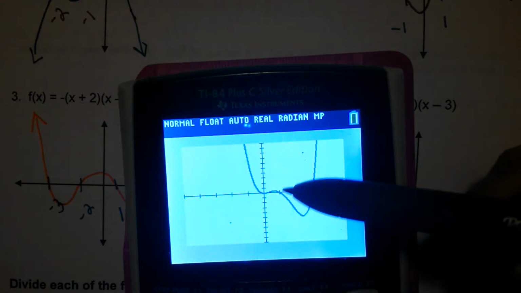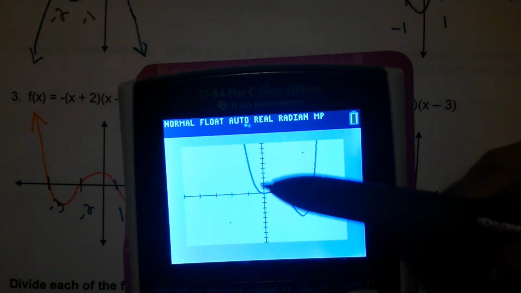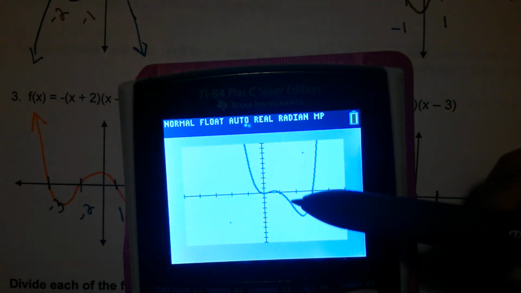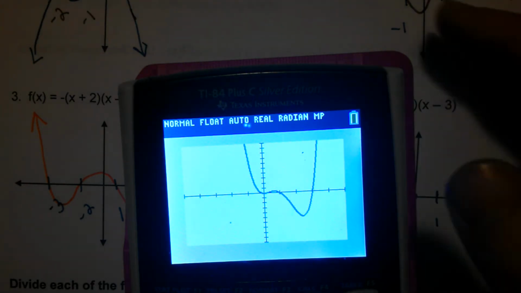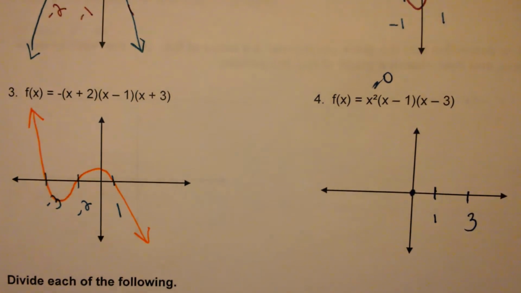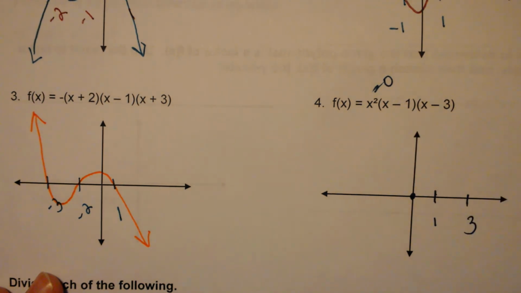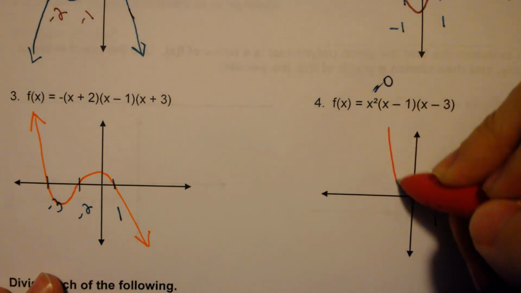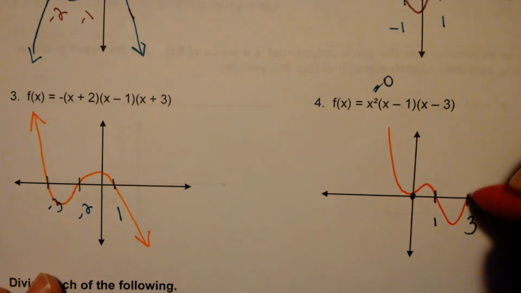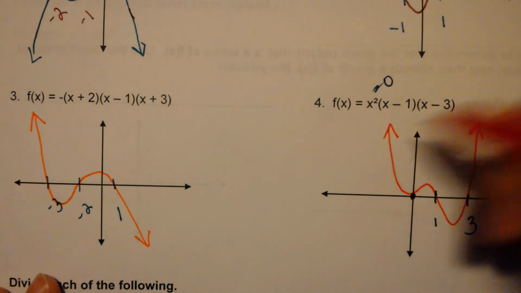So it bounces at 1, then it bounces at 0, crosses at 1, then crosses at 3. So it starts out above, bounces, crosses, crosses, and goes up.